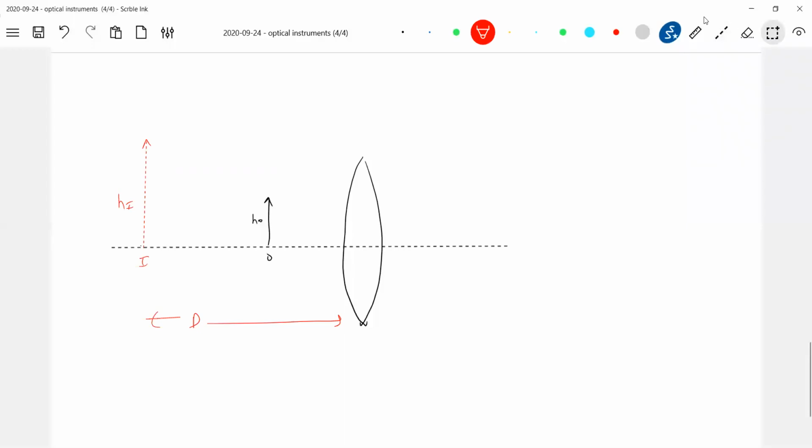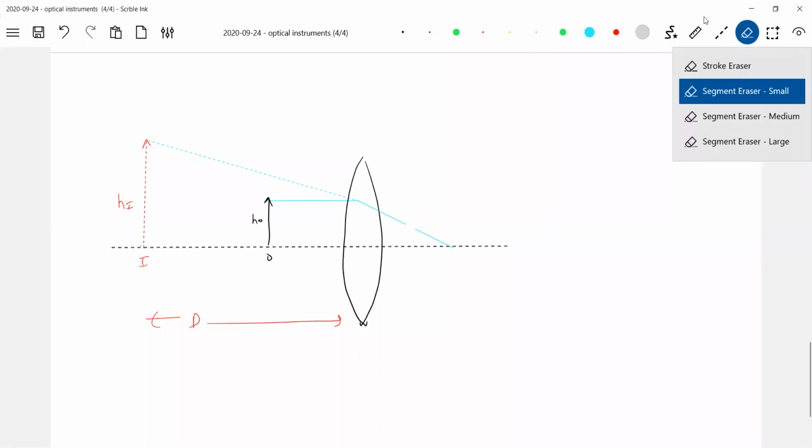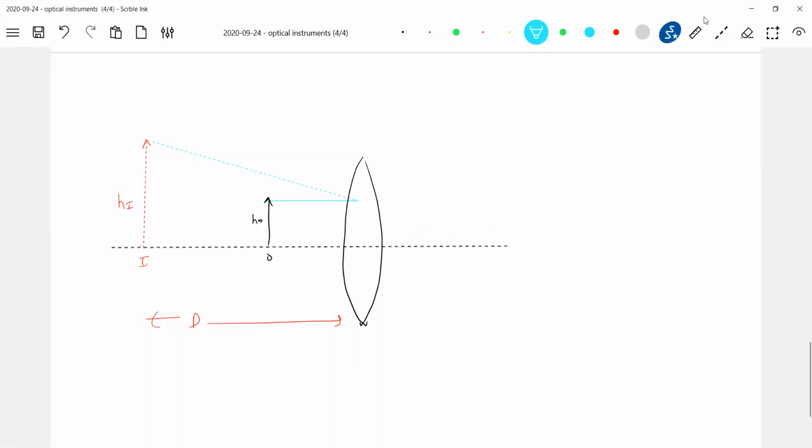Then okay, I'll show the ray diagram. The same ray diagram. There's another ray, we'll take some yellow color.